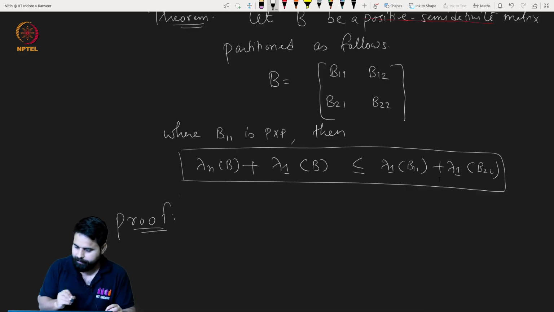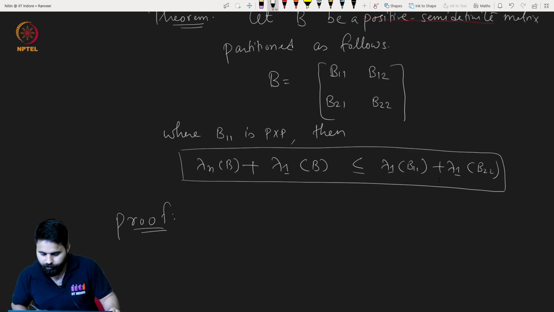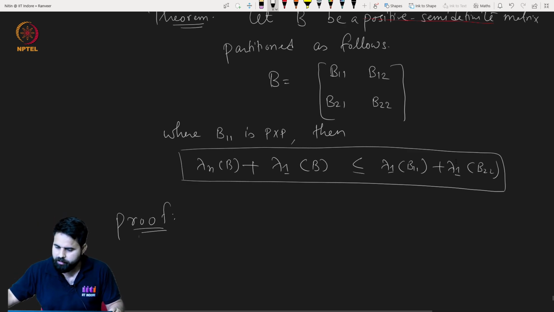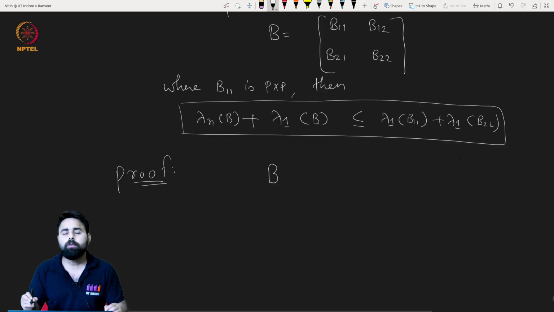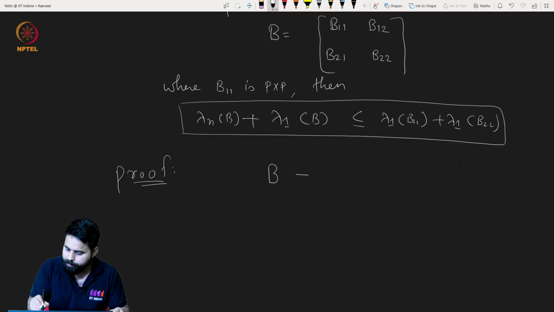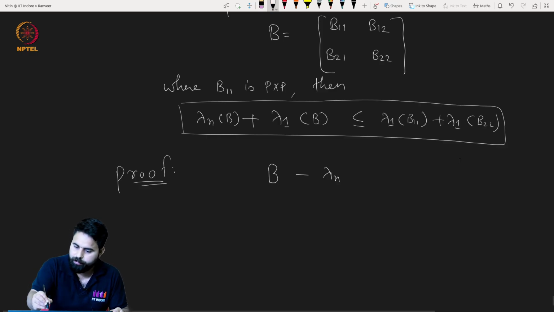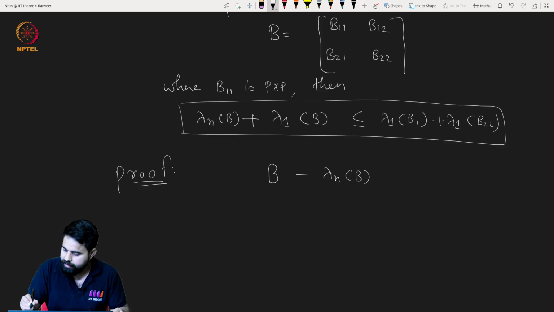Now, what do you think about this matrix? Suppose B is this matrix. What do you think about it if you subtract from B the matrix lambda 1 of B, maybe let me write it more precisely, lambda n of B times the identity matrix?